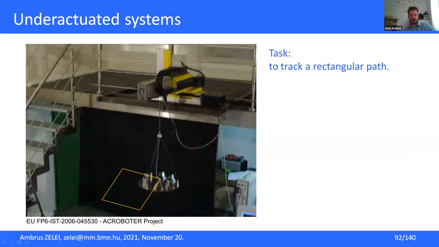What we can do is move the position of the upper mounting point of the cable in X and Y direction, so in the horizontal plane. Furthermore, we can change the length of the main rope. So this is what we can do. Let's see if it's possible to follow this rectangular shaped path.